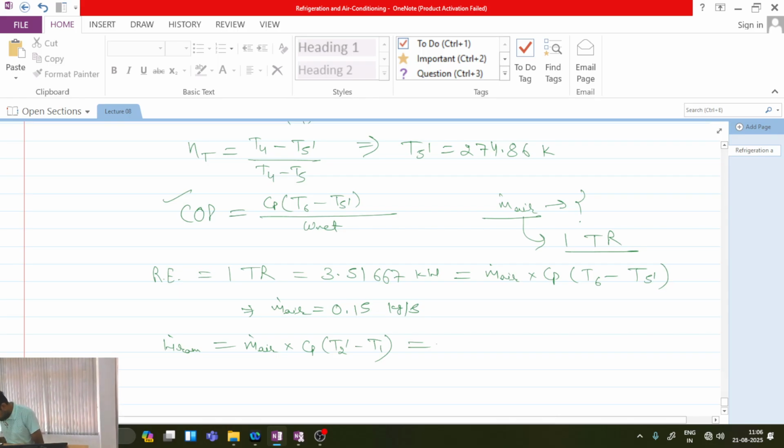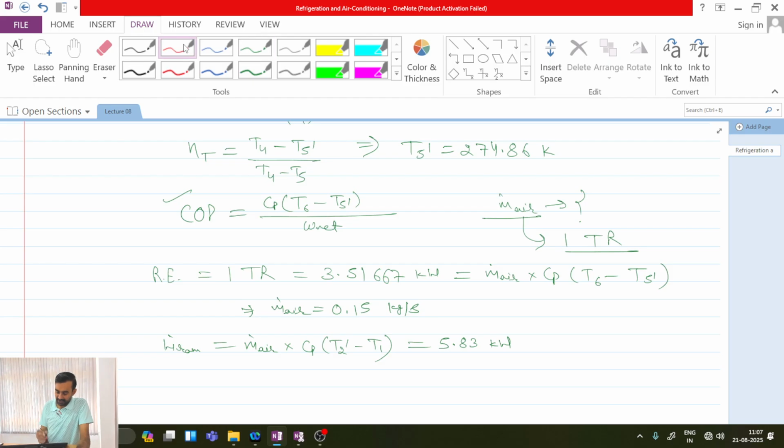So tell me, what is the value of this? Please calculate the ram work and let me know how much it is. 5.83 kilowatt.